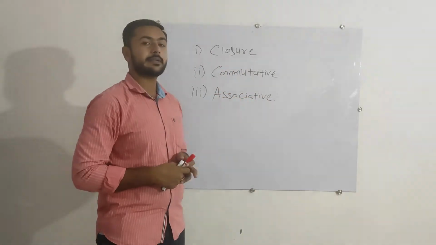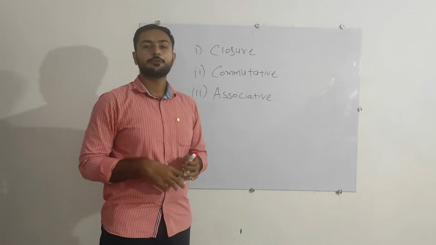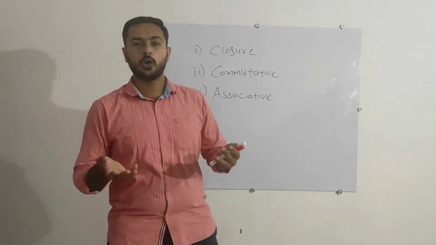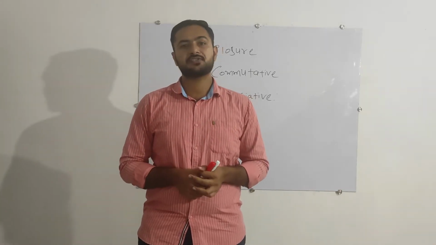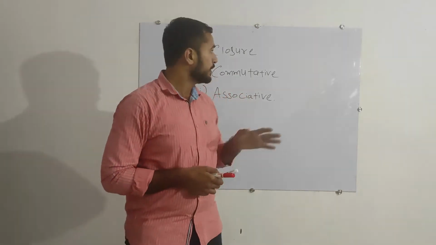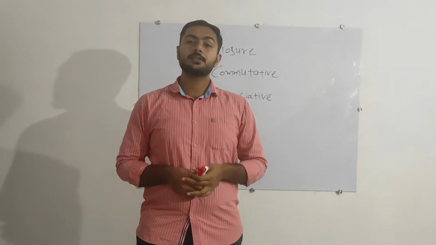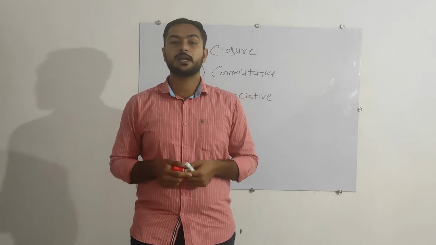For all these properties, we checked for the different types of numbers like integers, whole numbers, natural numbers and rational numbers, as well as for different operations like addition, subtraction, multiplication and division.